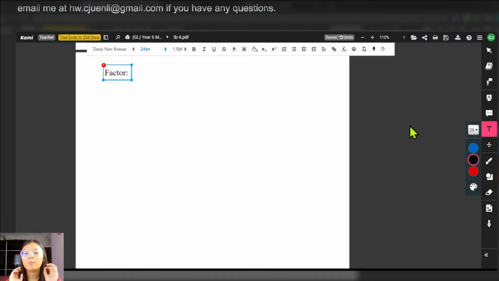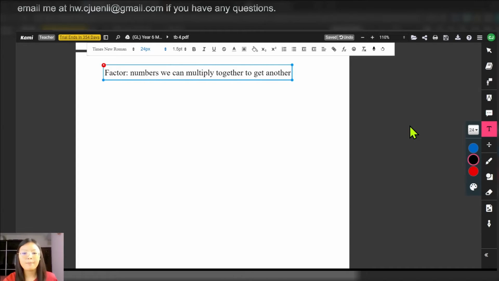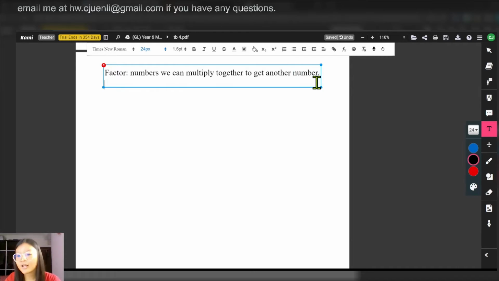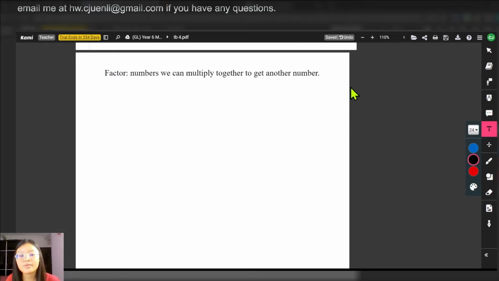Now, we have to know what a factor is. Factors are basically numbers we can multiply together to get another number. Sorry, that's my big sweep over there. So this can be your notes over here.